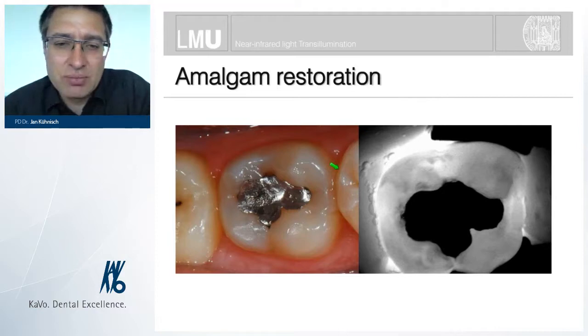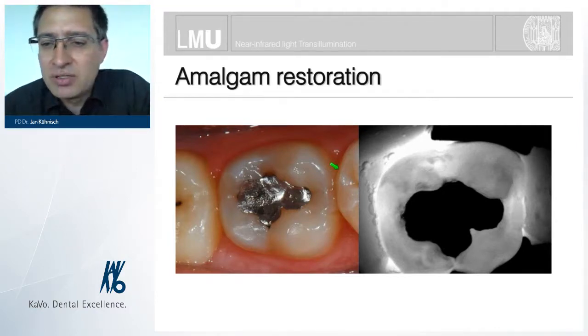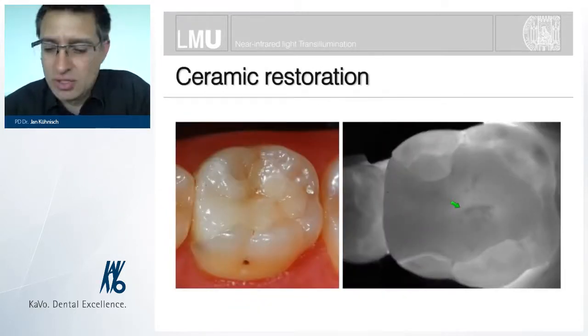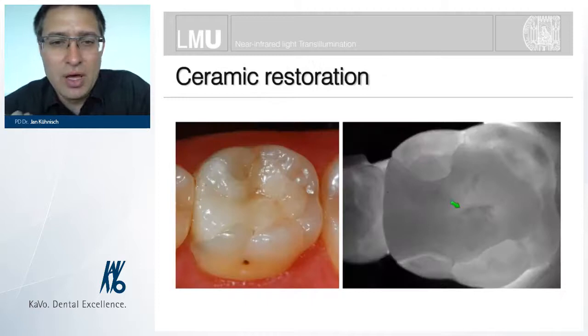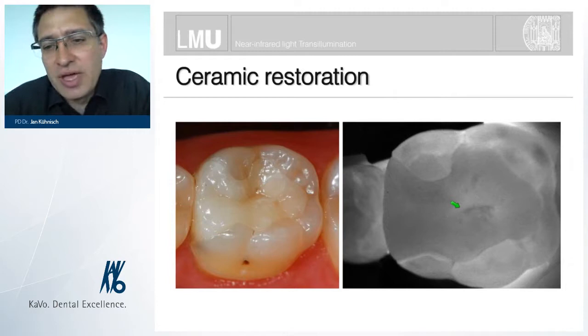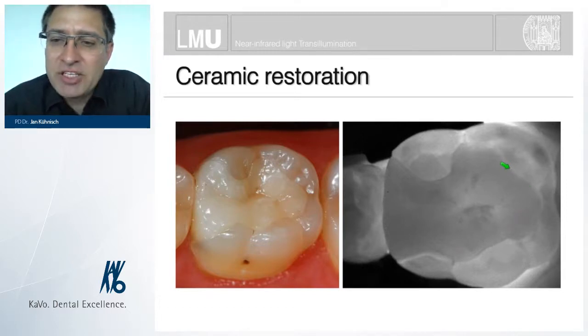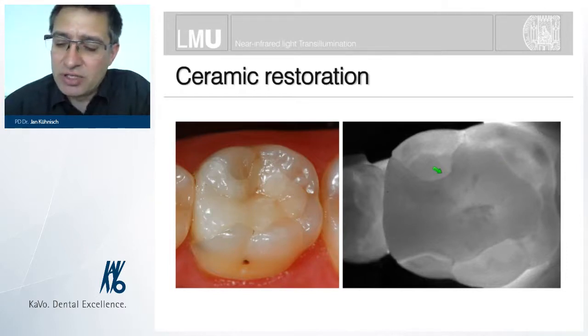Amalgam restorations are not light translucent, and it means that they appear dark in comparison to composite materials. Ceramic restorations are also visible, and they have the same impression as composite materials, and again the major characteristic which we can see on the near-infrared light image is the cavity margin.